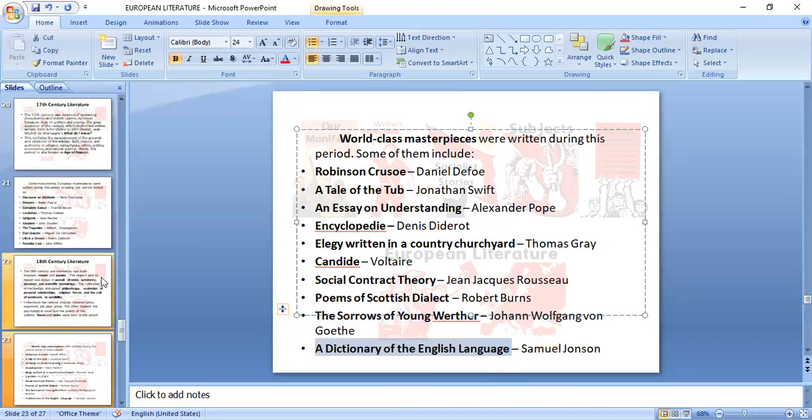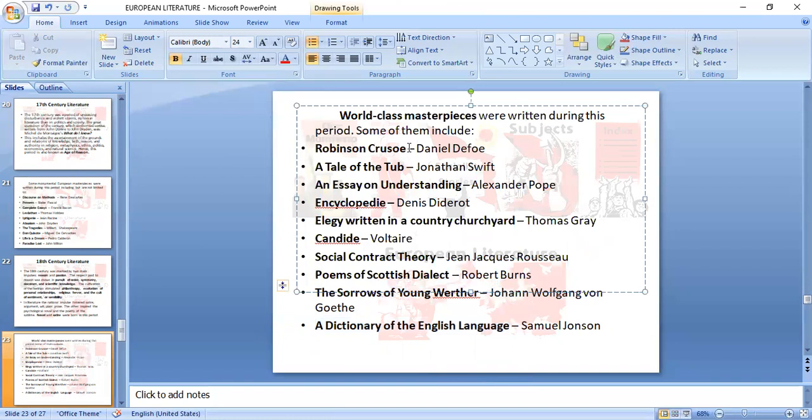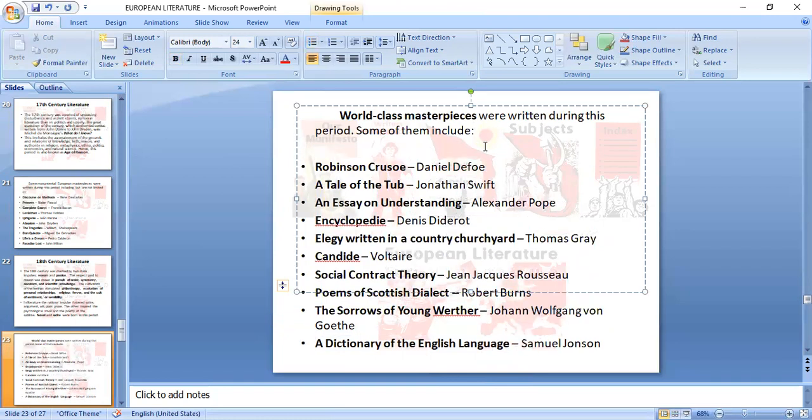So this is the 18th century. Review it again. It's more of memorization. That's how it is in world literature. You are to memorize every author and their masterpieces. That is the essence of studying world literature.